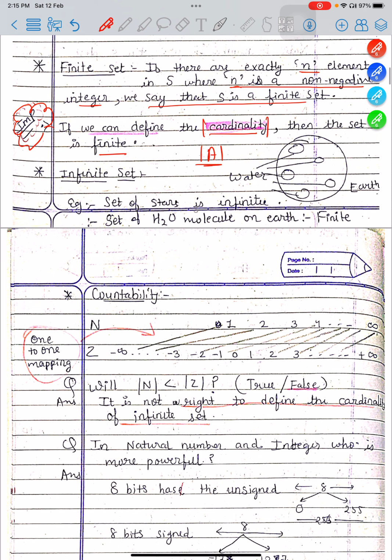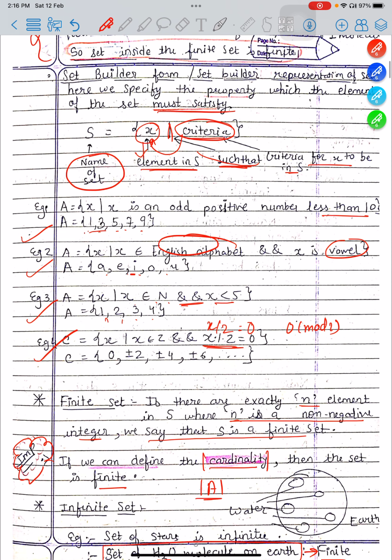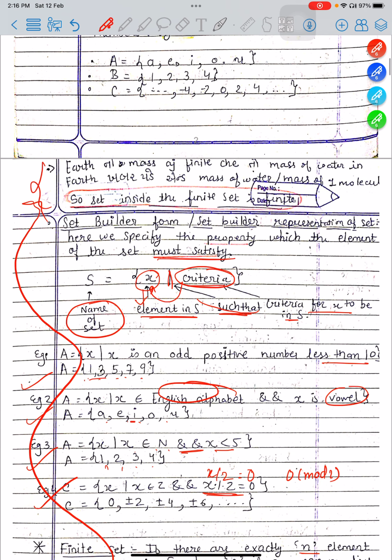Set of water molecules, H2O molecules on the Earth. Whether this is finite or infinite, answer it. I have written the answer alongside. It is finite. This is the reason why I was saying we'll see this afterwards. Earth's mass is finite.